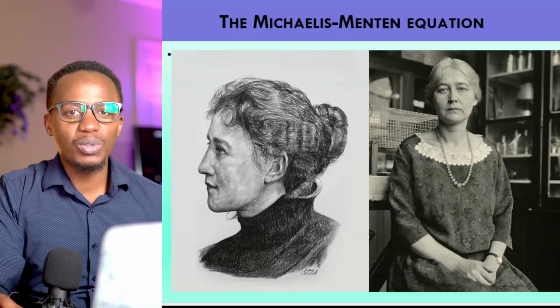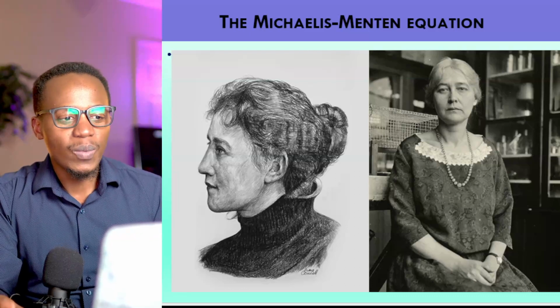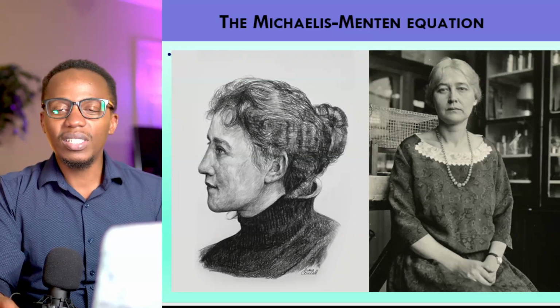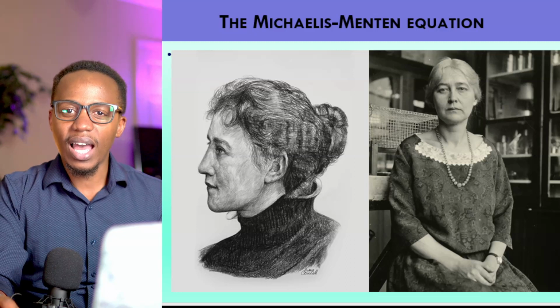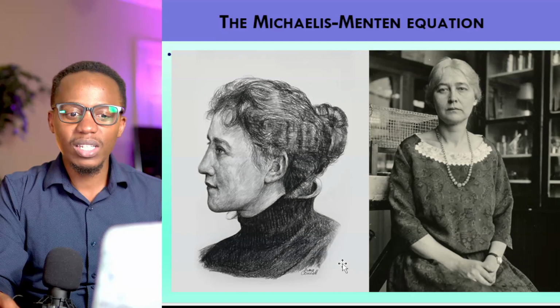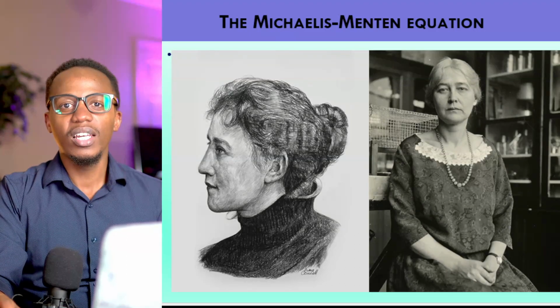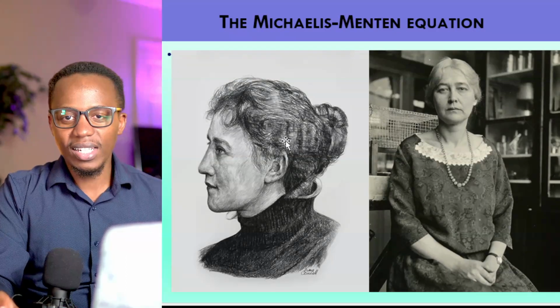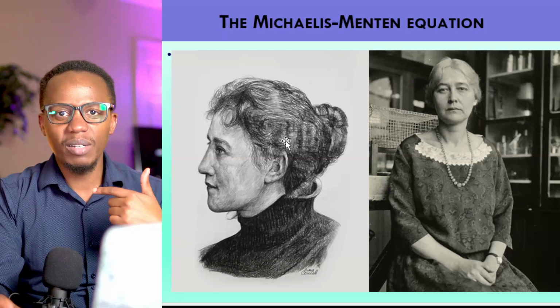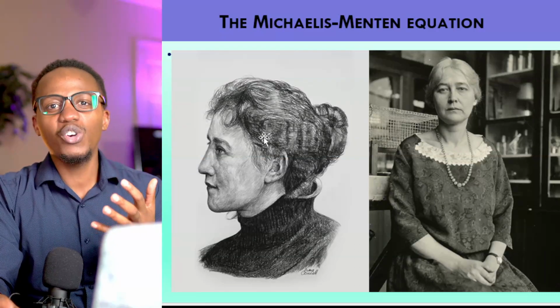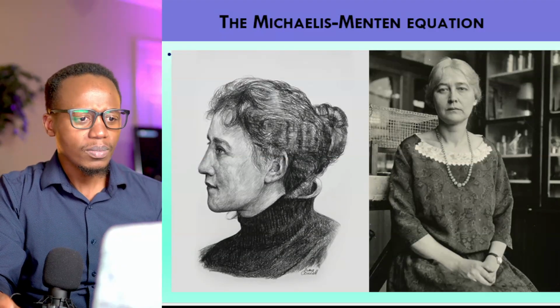So she had to go through a lot to get to studying, but she ended up contributing a lot. The Michaelis-Menten equation is one of the most important equations in science, and it gave rise to a lot in medicine, and it created a new field of study.